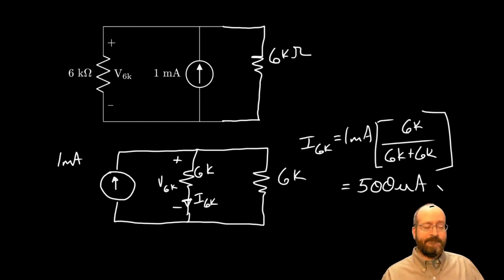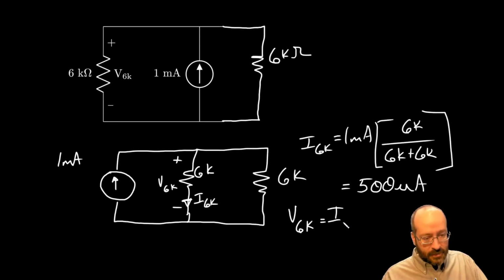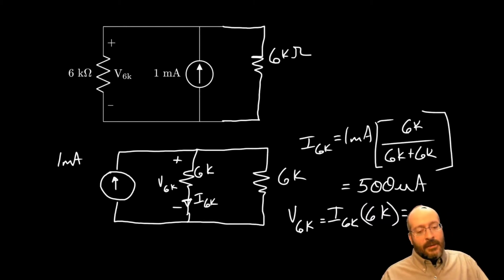That's pretty good. Okay, if I know the current through the resistor, I can find the voltage across it because I also know the resistance. And we can say the voltage across the 6K is the current through the 6K times, wait for it, 6K. Okay, and that's going to end up being, well, let's be careful with this.